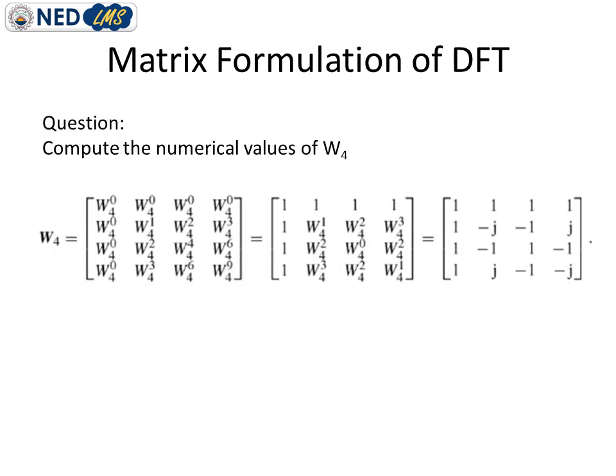So here you can see that we are computing the numerical values of W4. So when W4 is used, the question is this, and similarly we use W2, W3, W4, W5 and so on. It depends upon the number of samples in the actual signal.